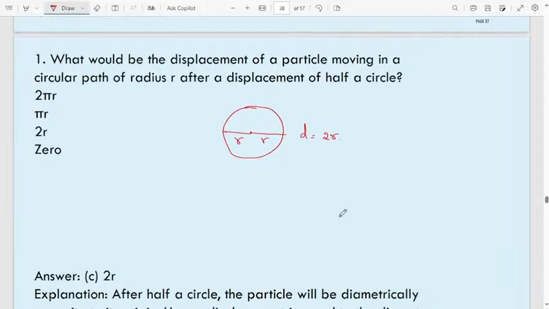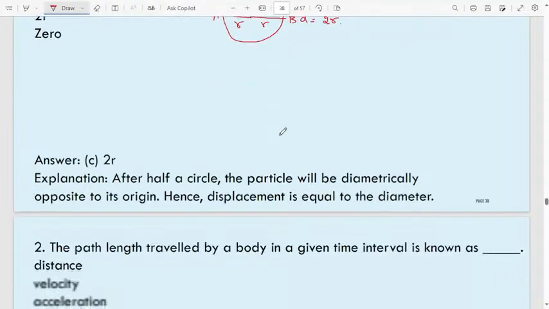They are talking about the displacement from A to B, half of the circle. If they consider a full circle, then the displacement will be 0, but they are asking half of a circle, so it will be 2r.